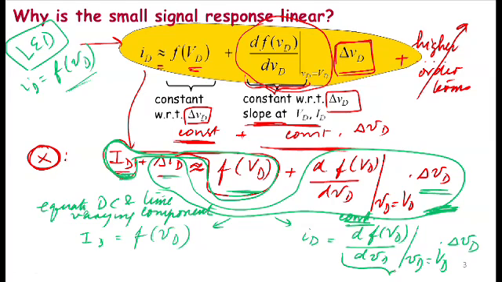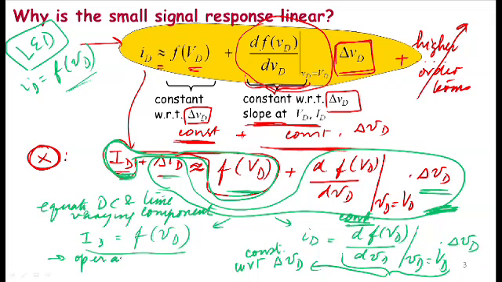And as I mentioned before, this part here is constant with respect to delta VD. So what do we have here? On the left-hand side, I have equated DC parts of the equation, and I call this my operating point. That is the operating point. And on the right-hand side, I've equated my time varying part. Aha, I caught a bug here. It should be a delta ID.